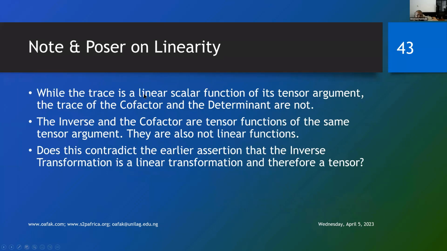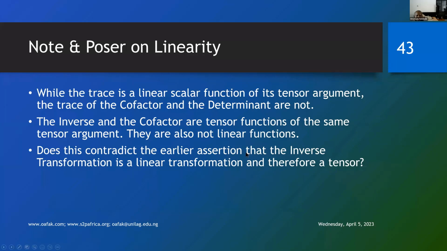Okay, so we have here a poser on linearity. While the trace is a linear scalar function of its tensor argument, the trace of the cofactor and the determinant are not. The inverse and the cofactor are tensor functions of the same tensor argument. They are non-linear functions. Does this contradict the earlier assertion that the inverse transformation is a linear transformation and therefore a tensor? I want you to come to the next lecture with your answer to that.